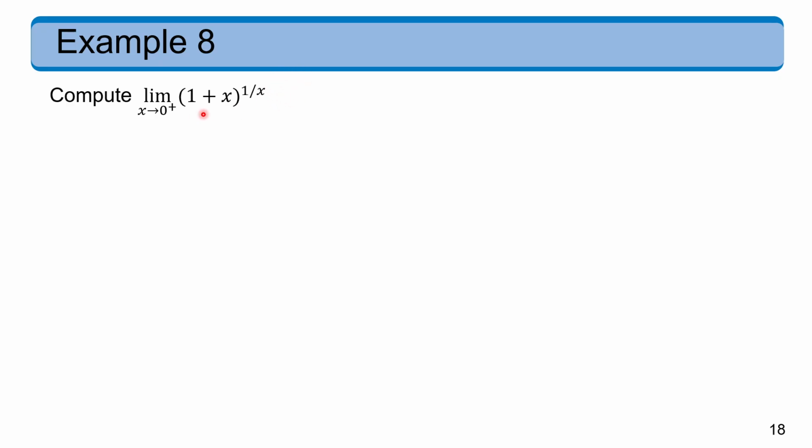And notice it's a one-sided limit. Since x is approaching 0 from the right, we know the x values are all positive, so it's actually approaching positive infinity. So the form here is the base approaching 1 and the exponent approaching positive infinity. And that's one of the three indeterminate powers that we were just reviewing.